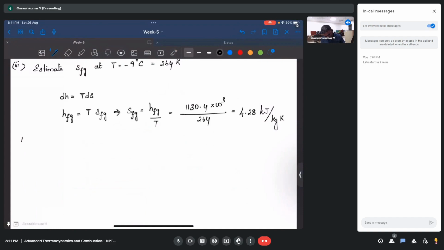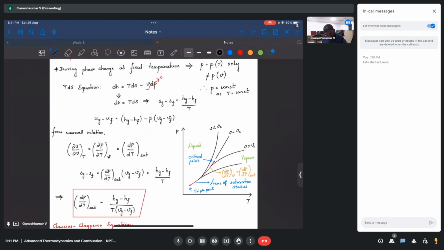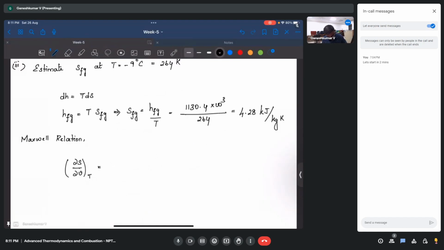From the Maxwell relation, dou S by dou V at constant T, and this is phase change, so it's going to be at constant T, is equal to dou P by dou T at constant V, which we can write as dP by dT saturation, right?